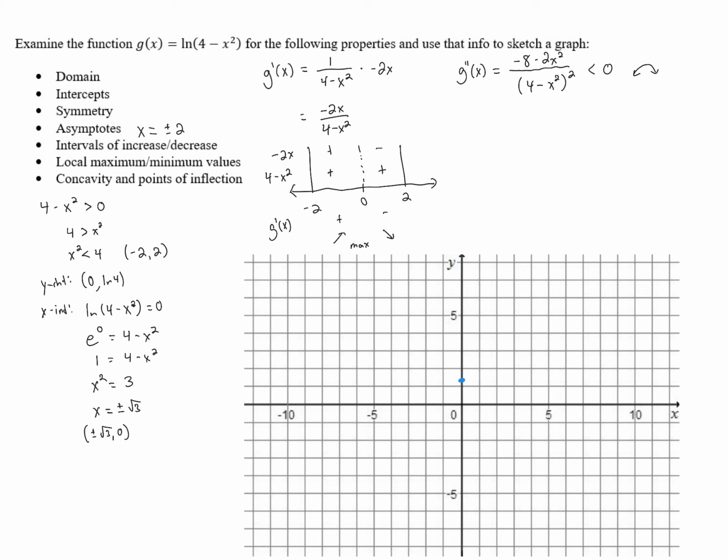That's about 1.7. So we'll have our x-intercepts at positive and negative about 1.7. We said that we had asymptotes, vertical asymptotes, at plus or minus 2. So we can draw those in here as dashed lines.